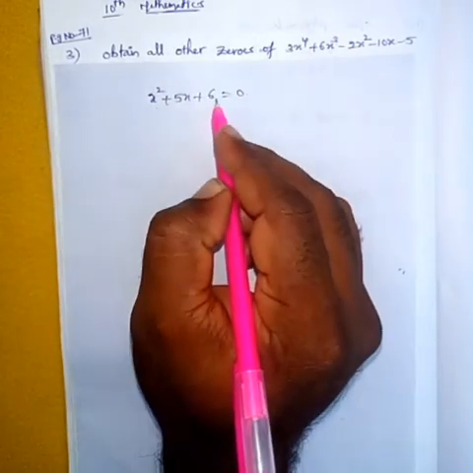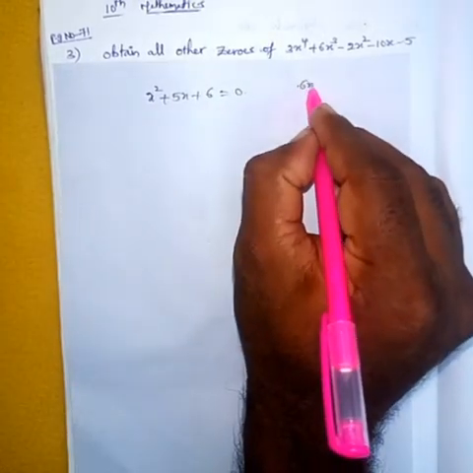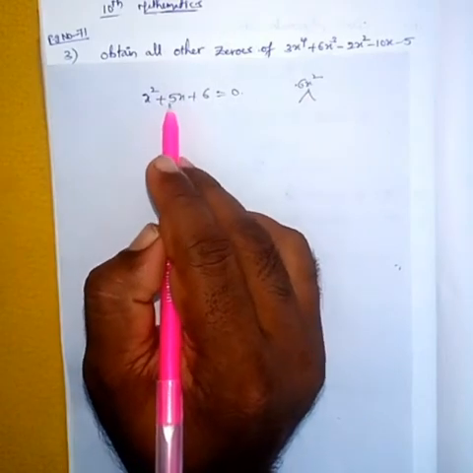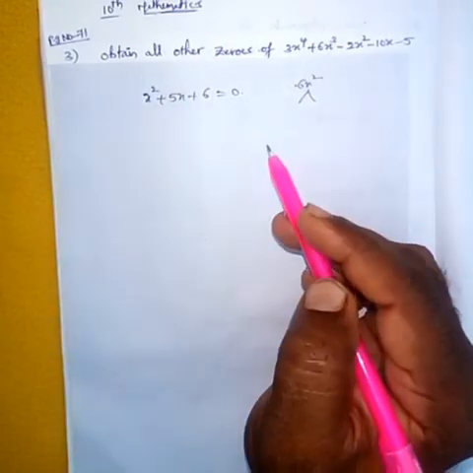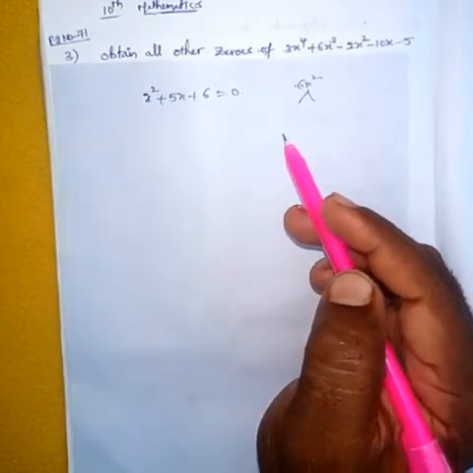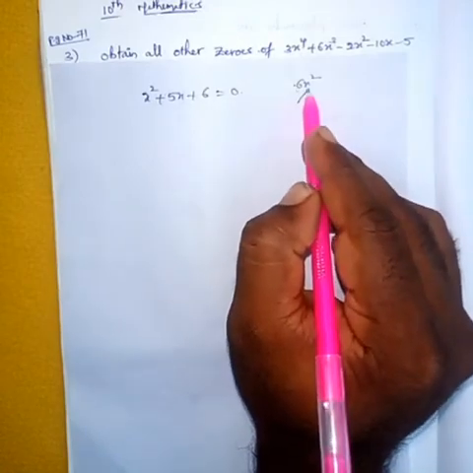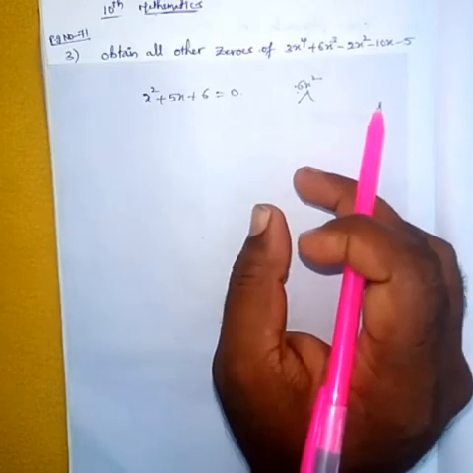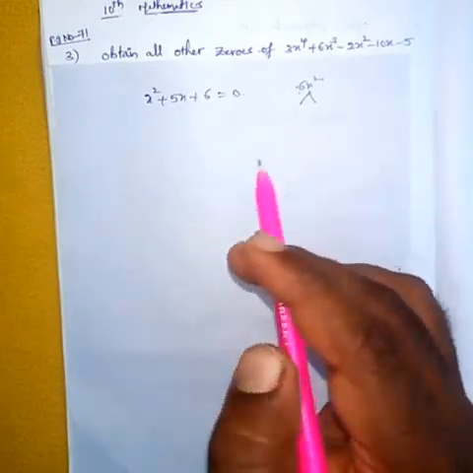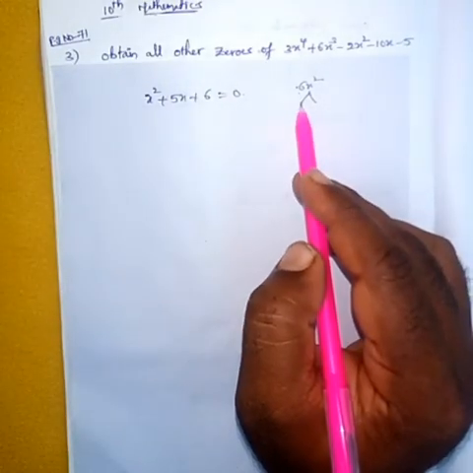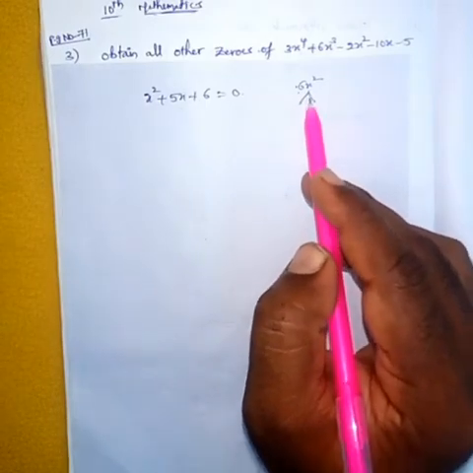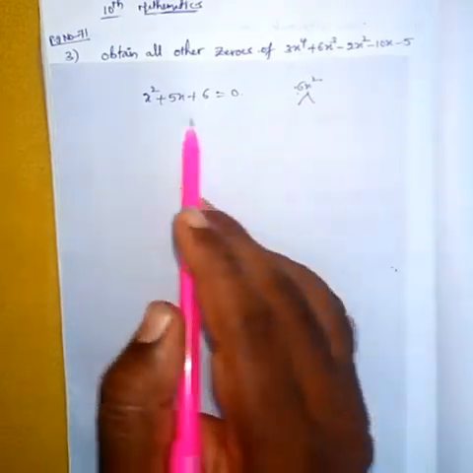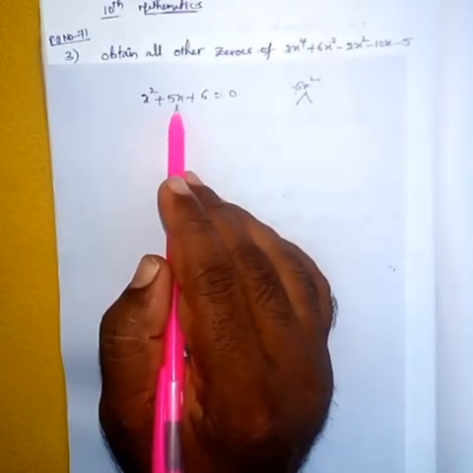This is a quadratic polynomial, so we have to multiply the first term and last term, and we have to split the second term into two numbers, that is 6x square. If you take two numbers whose product is 6x square, and whose sum is 5x.